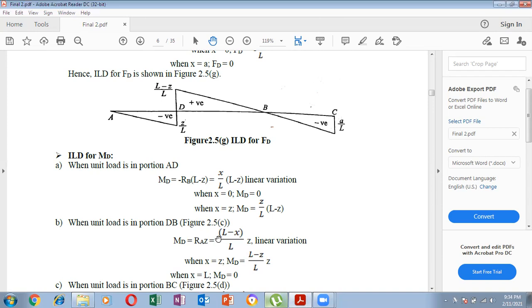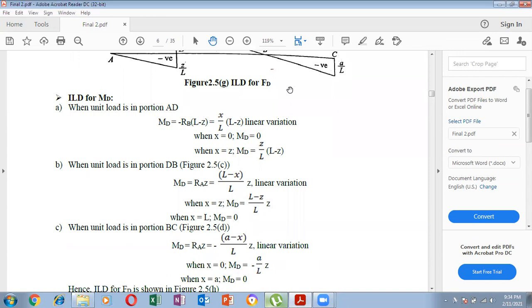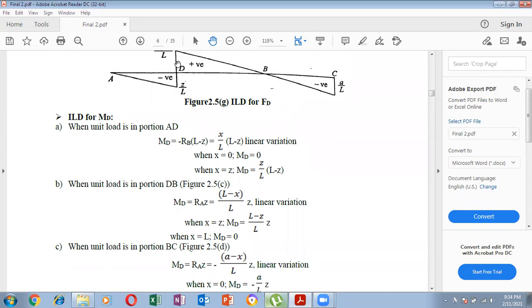So next, what is the third loading condition? The load will be placed in the overhanging span, that is BC. So now the load is here and taking moment about point D. Considering the right hand side and left hand side, solving the left hand side will be easier. So RA into Z, which is the same as the previous loading condition.